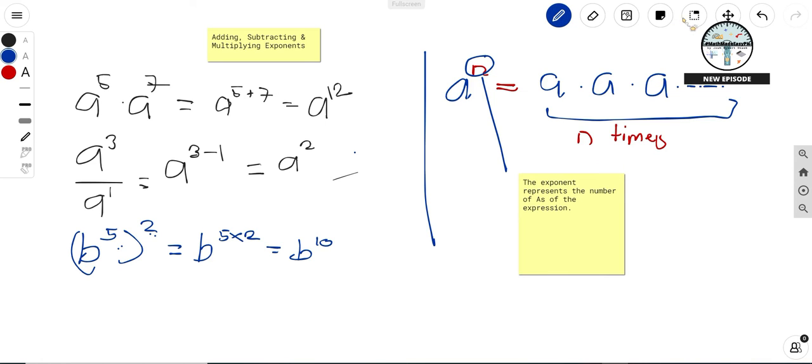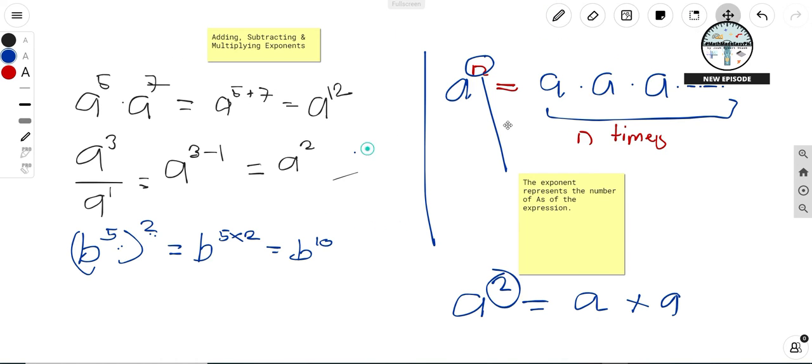I will explain this further. For example, we have a raised to 2. What is the meaning of a raised to 2? That is just equal to 2 a's multiplying each other, a and a, so we have 1, 2, so that's why it is 2.